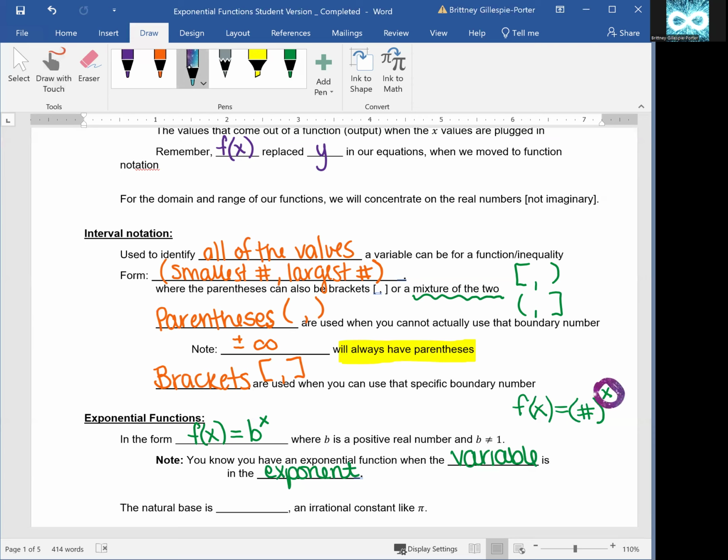Okay, and then my favorite function, we have our natural base, e. It's an irrational constant like pi. You know how pi is 3.14159, blah, blah, blah. E does the same thing, but it's 2.71, so forth, so on.